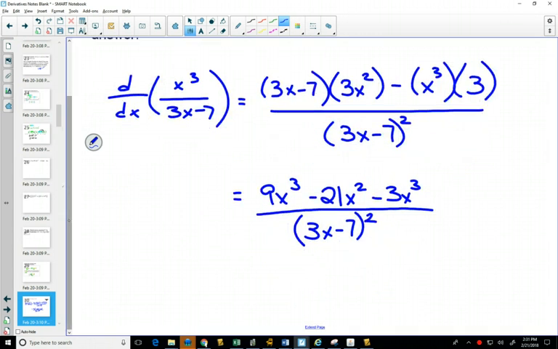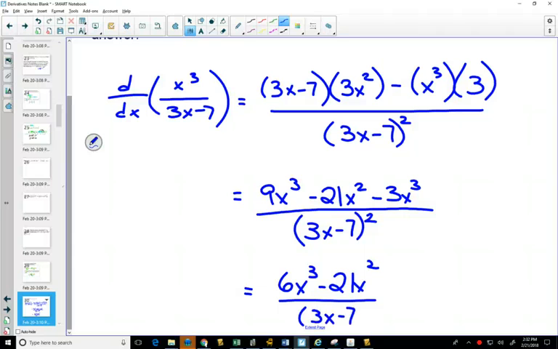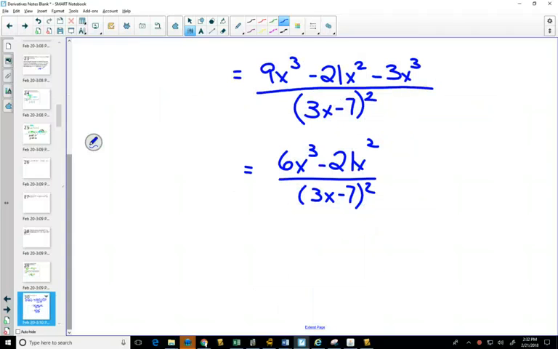And we generally like to factor things in case there's something that'll simplify further. So looking on the top, I have some like terms. I'll put those together first. 9x cubed minus 3x cubed will give me 6x cubed, and we can factor out on the top a common factor of 3x squared.